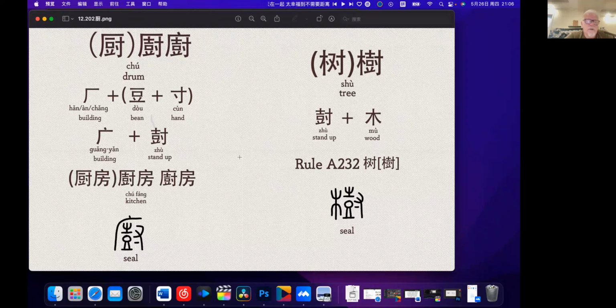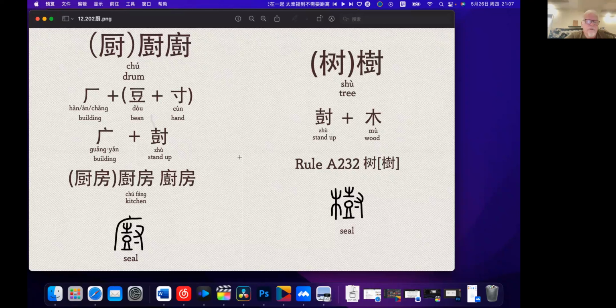Now most people call it guang because it's a simplification of a character called guang. But originally it was pronounced yen and it meant building. So you see this, it's a building and it's pronounced like Jew, but it's now pronounced Chu. So the seal character is the original character for kitchen. And on the right-hand side, you can see the traditional character, Chu Feng. That's the correct way to write it.